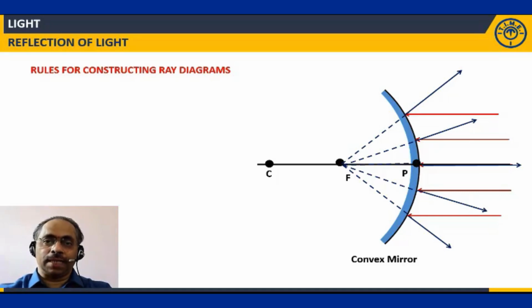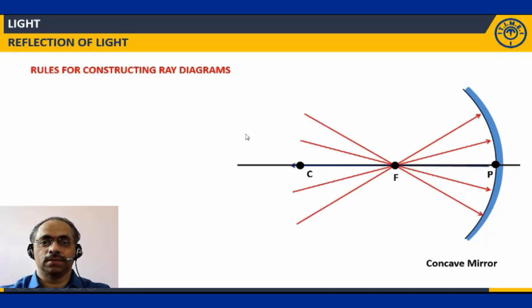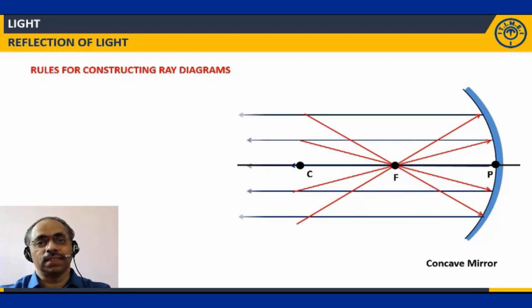Now we'll consider another type of light ray. Here I am considering again a concave mirror. Earlier I considered the light rays passing parallel to the principal axis. Now I will consider the light rays passing through the focus. Now you guess in what direction they should go? Yes, after reflection, they will pass parallel to the principal axis.